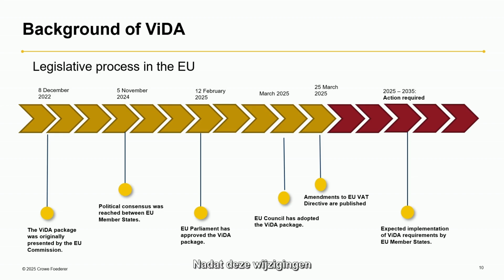Now, of course, after these changes are published, this legislation needs to be implemented in the local tax legislation of all the EU member states. And we have 3 pillars that will be implemented in different phases. So that means that the countries have from 2025 until 2035 to actually implement all the changes under the ViDA package.